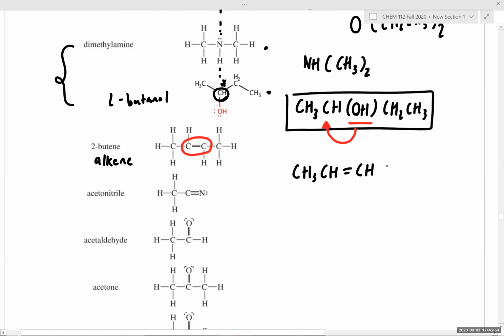So we have an aldehyde functionality. This RCOH functionality is known as an aldehyde, and aldehydes are represented with the general formula RCHO.